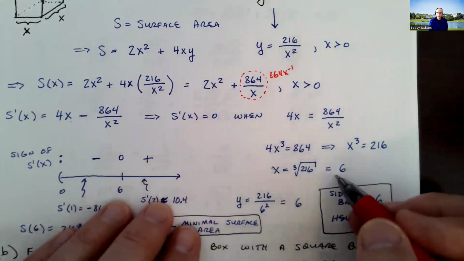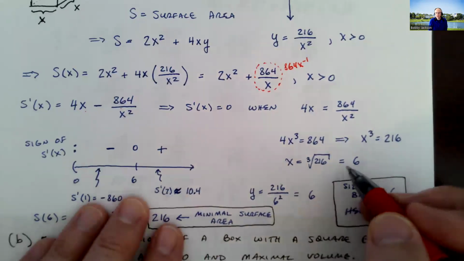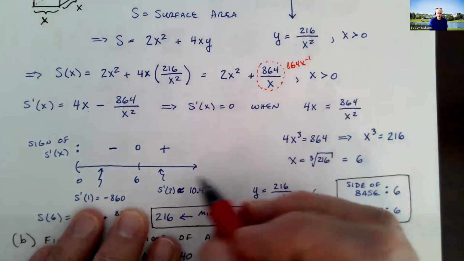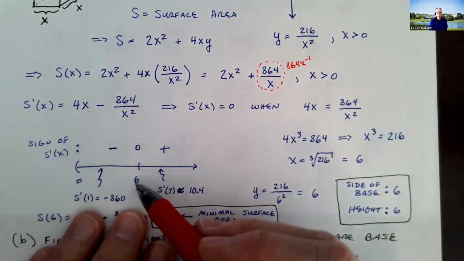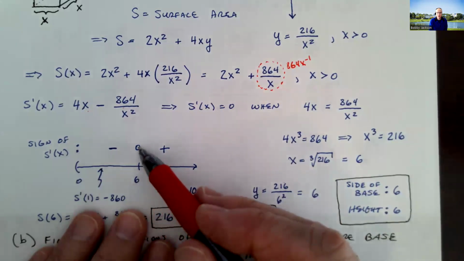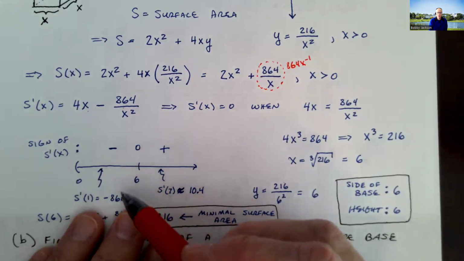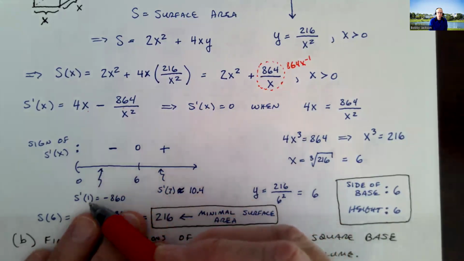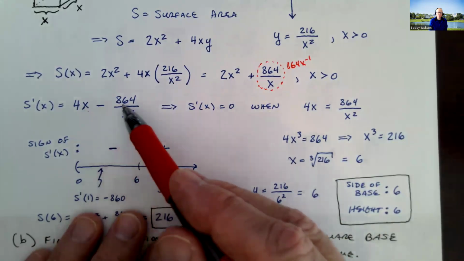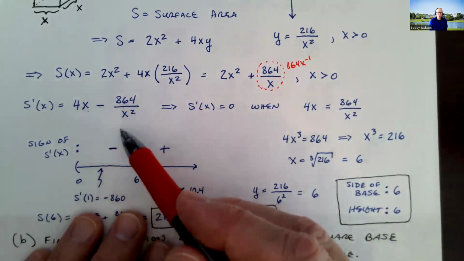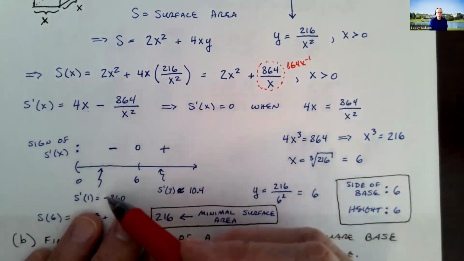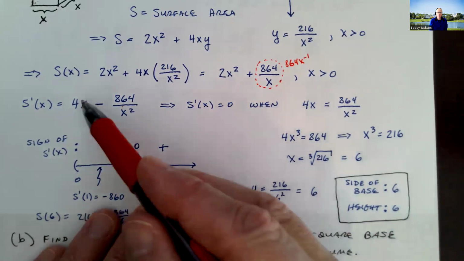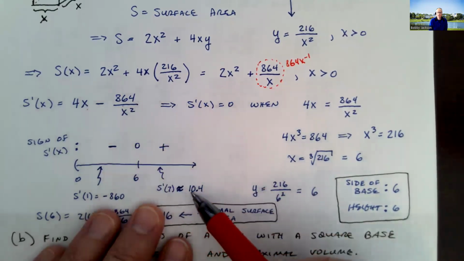So, do we have a minimum when x is 6? It is a critical point for sure. It makes the derivative 0. Well, we do a sign check of our derivative. When x is 6, we know the derivative is 0. For values less than 6, between 0 and 6, what's the sign? Well, if I plug in 1 in here, I'll get 4 minus 864 divided by 1, which is negative 860. Important part is it's negative. And if I plug in 7 in here, you'll get about 10.4.